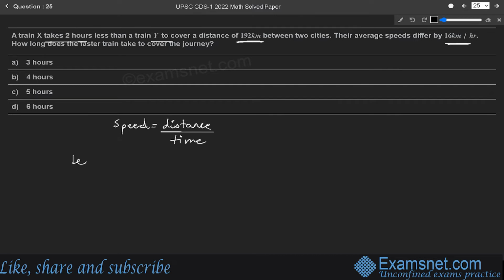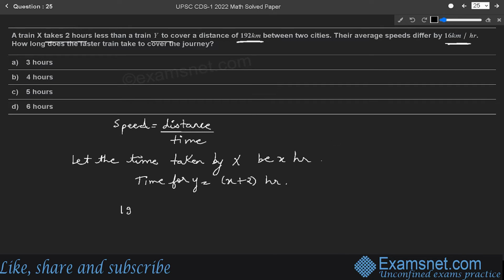So let the time taken by X be x hours. So the time taken by Y will be x plus 2, because X is faster than Y. So if the time for X is x hours, then the time for Y will be x plus 2 hours.